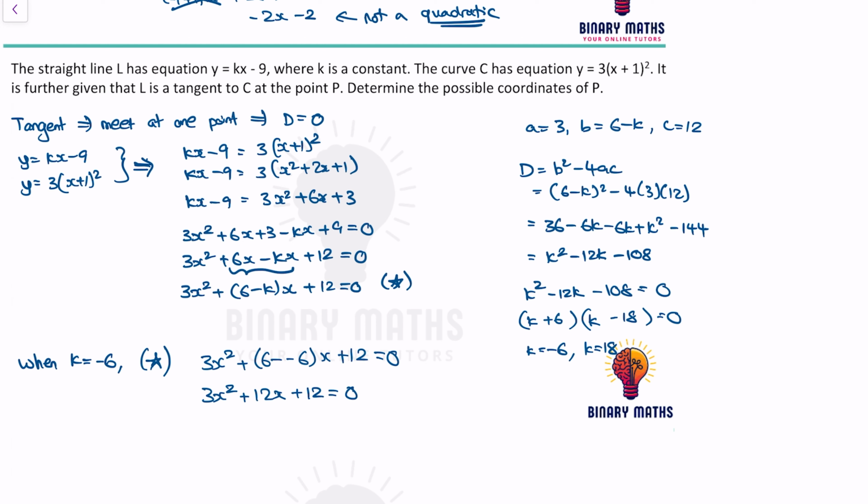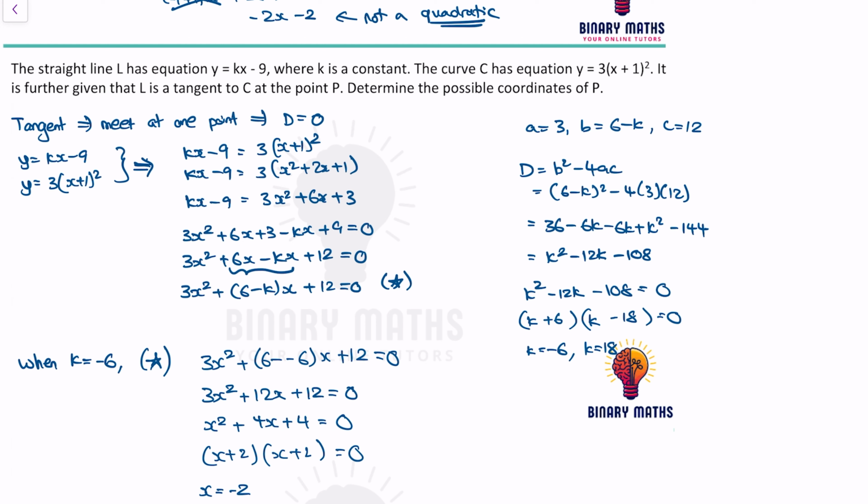If I divide by 3, I end up getting x squared plus 4x plus 4 equals 0, which factorizes to (x plus 2) times (x plus 2) equals 0, which implies x is equal to negative 2. So you only get one solution, which is true because it's a tangent. So you are expecting one solution here.